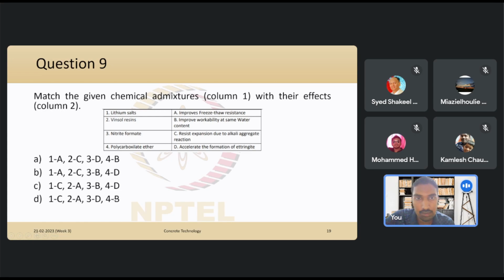The right matching has to be selected. Okay, the poll is launched. When you are ready, you can use the poll.